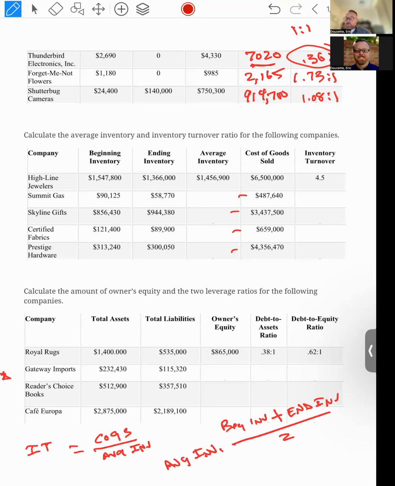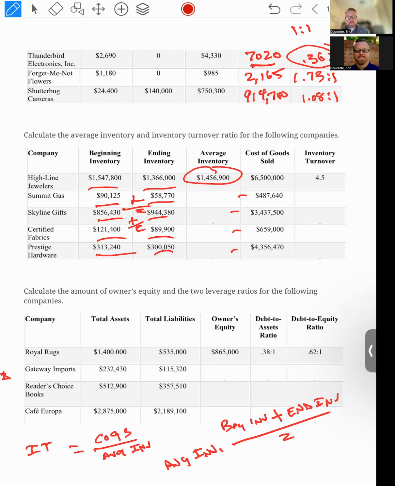So you would take the 1,547,000, the 1,366,000, add them together and then divide them by 2, and that gives you your average. So you do the same thing here. You add these and then divide by 2, add these, divide by 2, etc. So that brings you all the way down. I'll go ahead and just fill those in because I already have them completed. But that's how you would figure out the average on each of those.